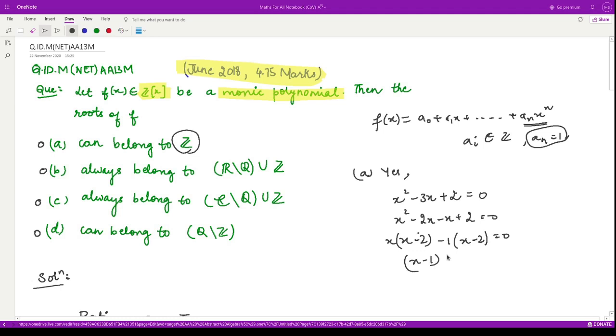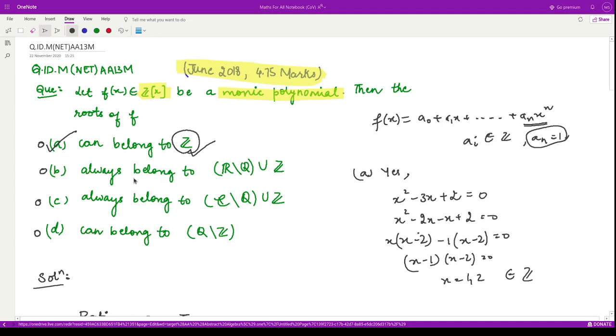So (x minus 1)(x minus 2), so x is equal to 1 and 2. Therefore, the roots of this polynomial belong to the set of integers. Therefore, there are polynomials whose roots belong to the set of integers. Therefore, this option is correct.